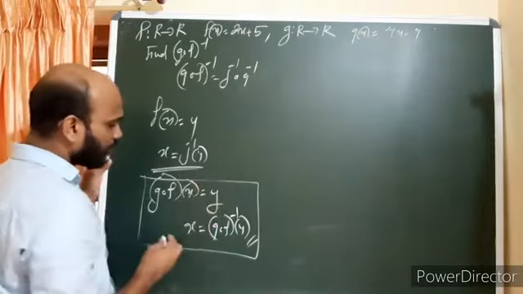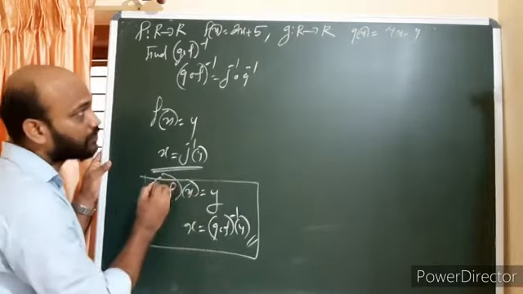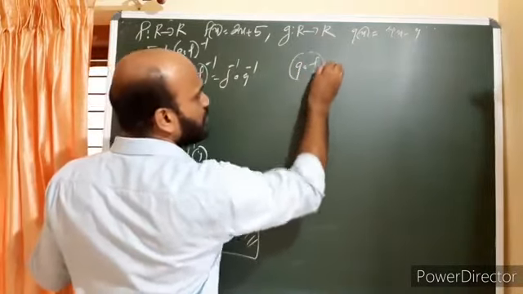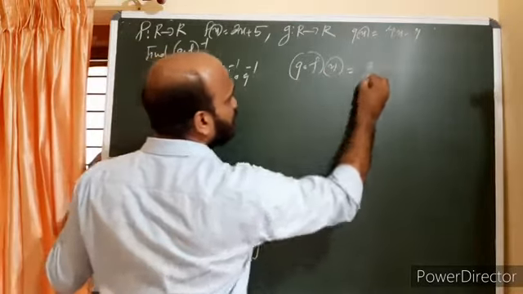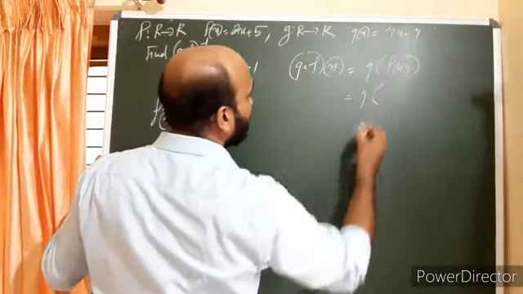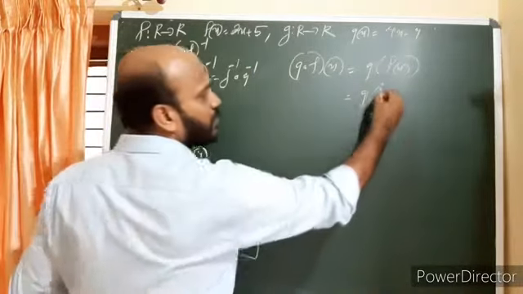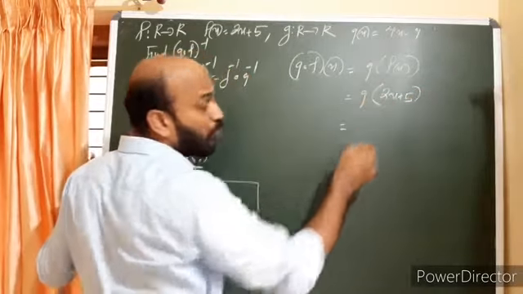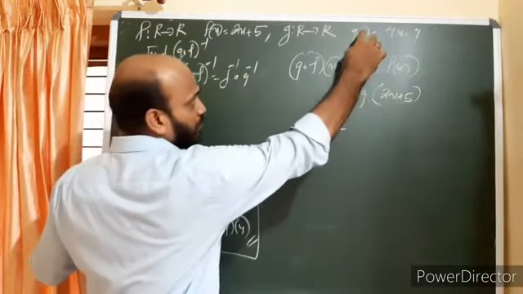So, first you have to find g of f. So, g of f of x means g of f of x. Right. That is g of, what is f of x? f of x equal to 2x plus 5. Now, g of 2x plus 5 you have to find by using this formula.